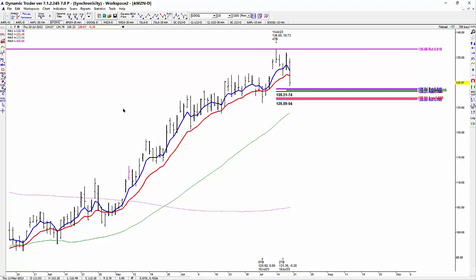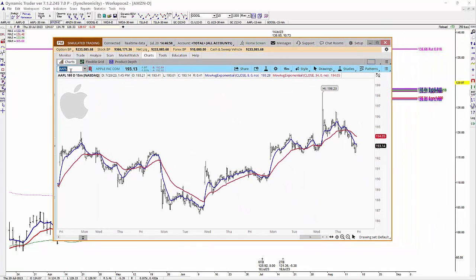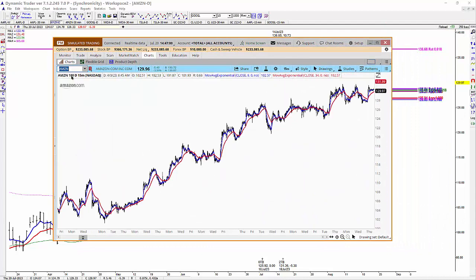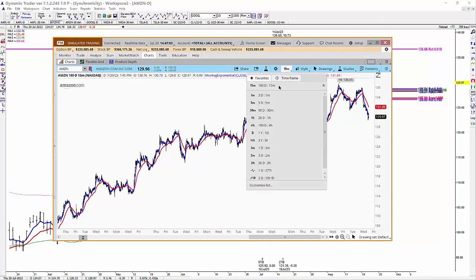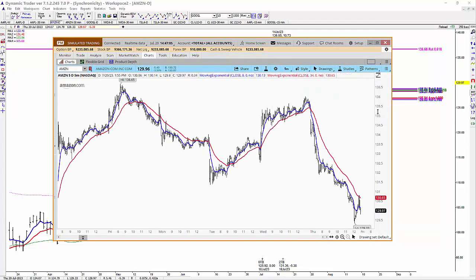But if you're looking at and trading a 5-minute chart, it's a piece of garbage.